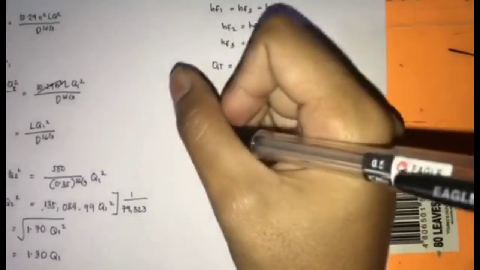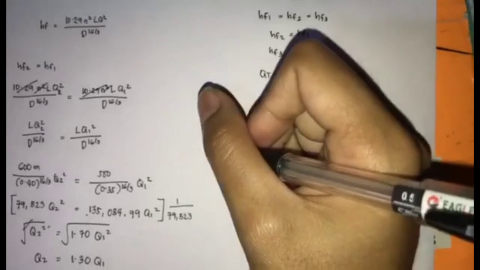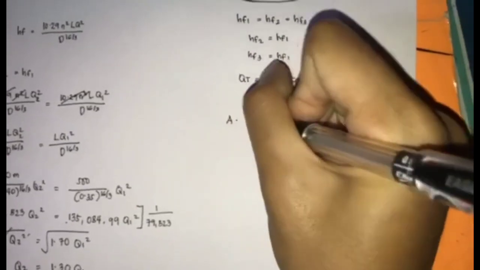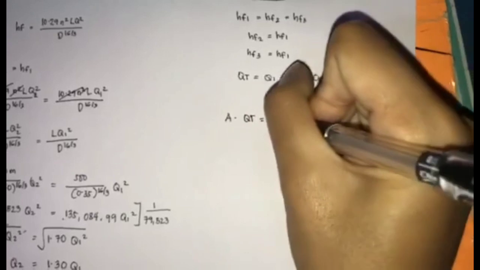So now that we already get the value of Q2 and Q3 in terms of Q1, we can now use the equation QT is equals to Q sub 1 plus Q sub 2 plus Q sub 3.